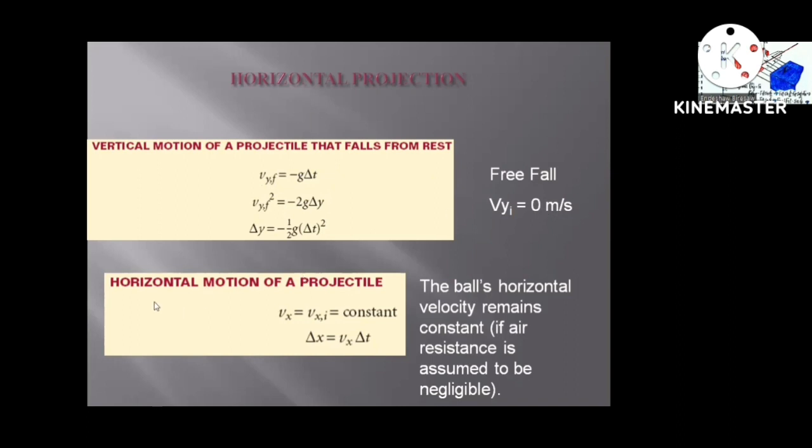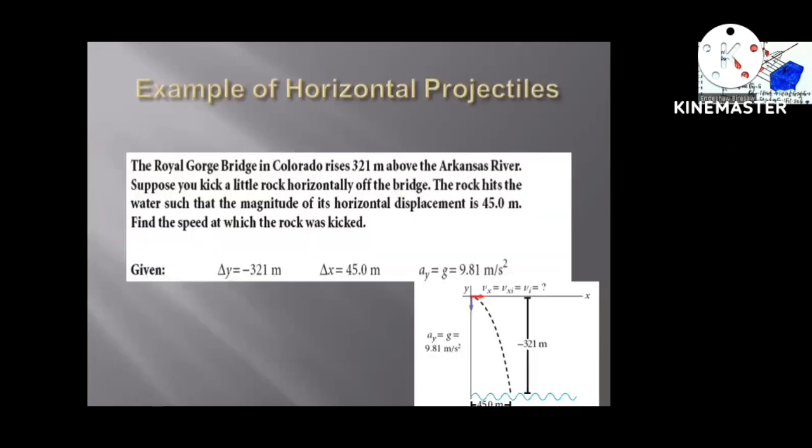The horizontal motion of the projectile is determined by Vx equals Vxi, which is constant since there is no acceleration. The horizontal velocity remains constant if air resistance is ignored.